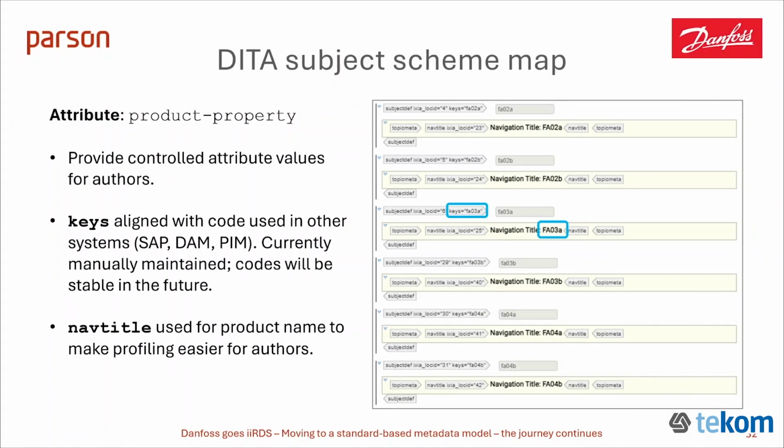Modeling that as a profiling attribute for the DITA content enables Danfoss to use subject scheme maps to define the allowed values for this property. And the property value actually is the key element here.